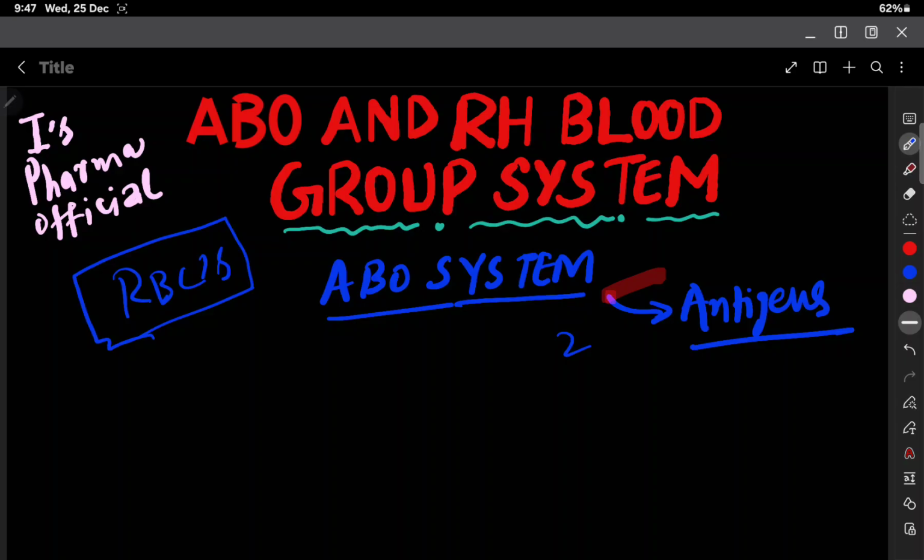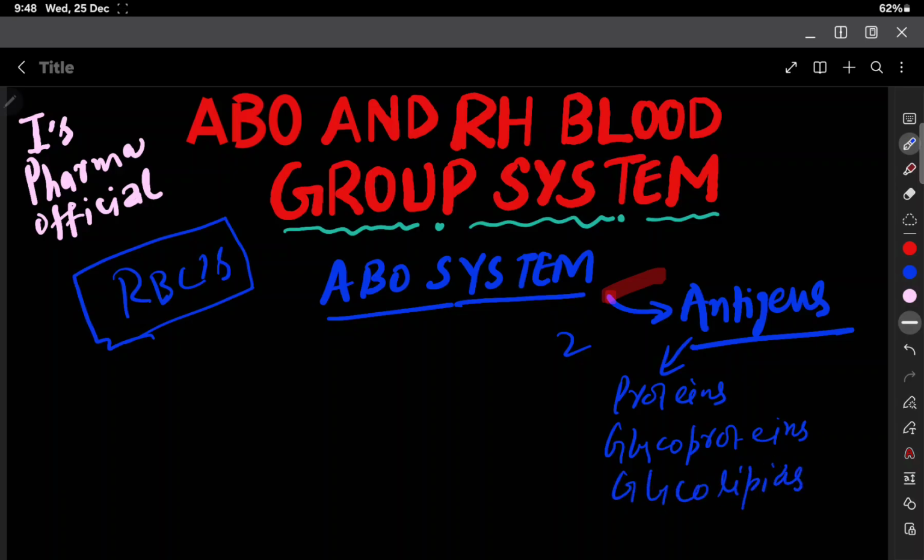These antigens can be proteins, glycoproteins, or glycolipids. It depends upon the blood group system.